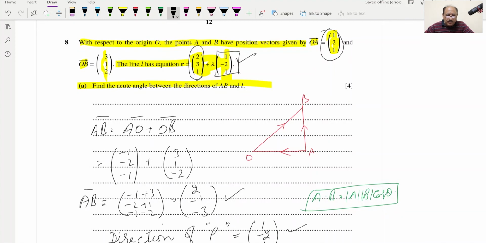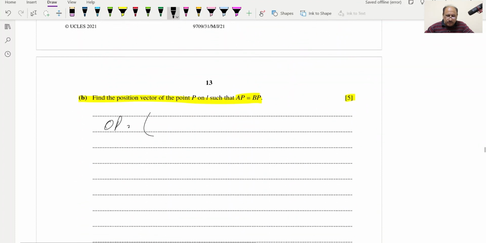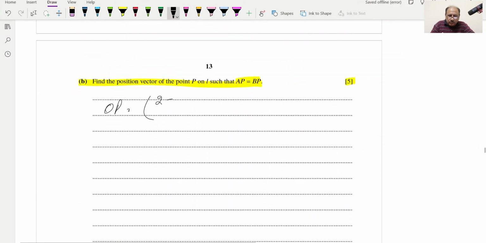So the vector will be 2 plus s, then 3 minus s, and the third value will be 1 plus s, and we can put brackets over here.